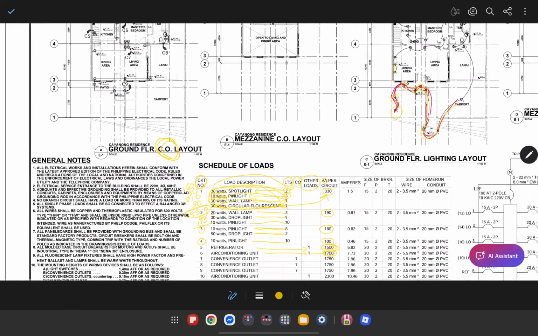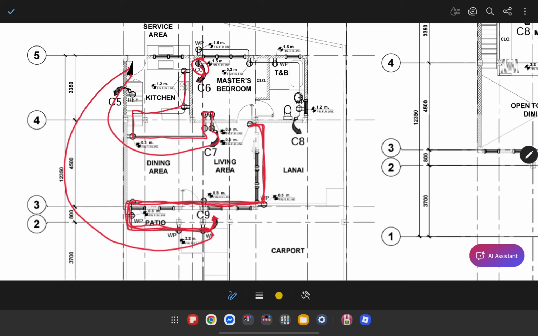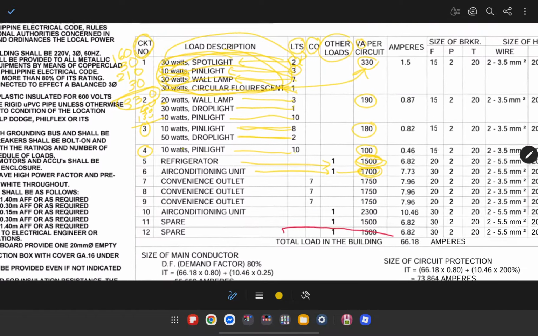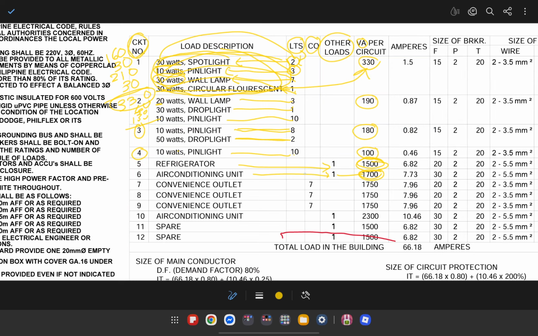So if you're going to count the convenience outlet here, each circuit has seven outlets. This one is, I think, connected to the second floor. But for this one, 2, 3, 4, 5, 6 here, and 7. So the outlets are divided into 7.